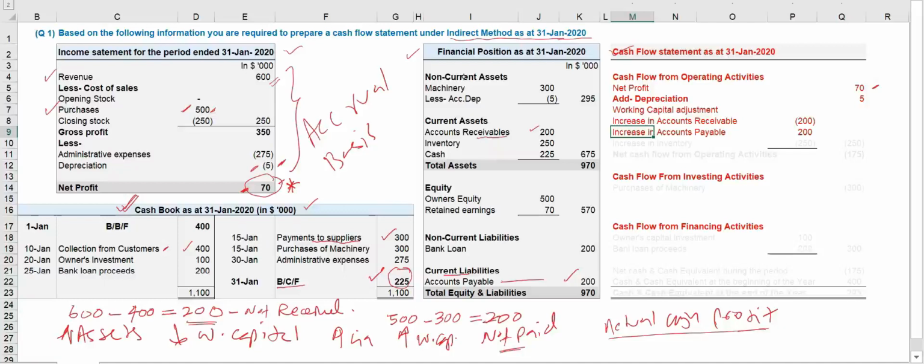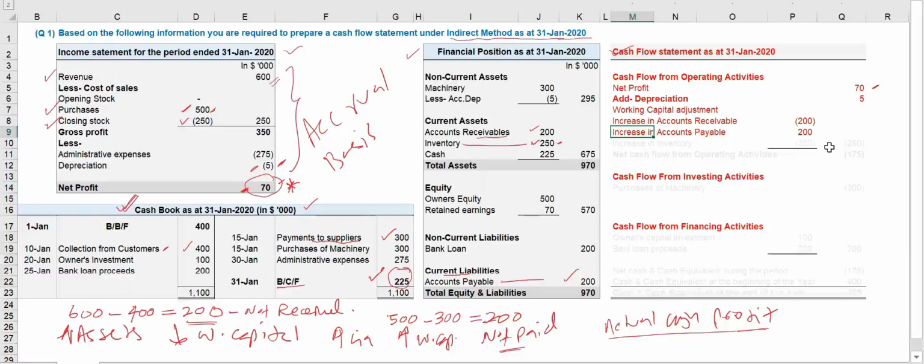Now the other item is inventory. So inventory value is 250,000. You can see this balance in the financial position, which means these inventories were not sold, so the cash is tied up in inventory. So the company is unable to realize the cash, for which cash has already been spent or paid. So there was a cash outflow.